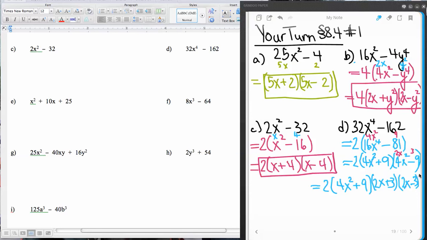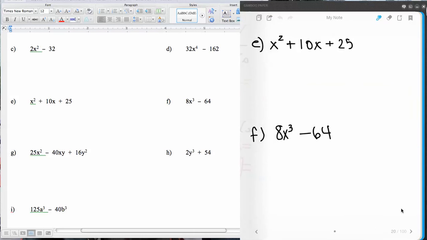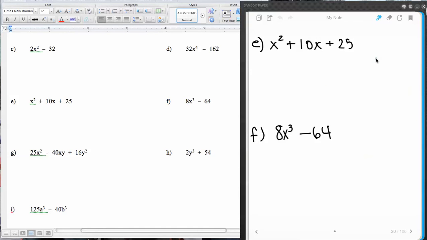But there was quite a bit more factoring to do, so that one had a lot to keep track of, and keep going until we're done. Factor completely. Now when I look at this next one, I go, whoa, that's a trinomial. Trinomials, what should I look for first? I should always look at any trinomial as, is it a perfect square trinomial?